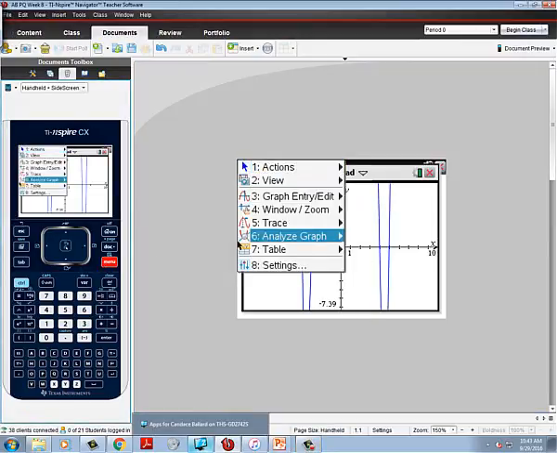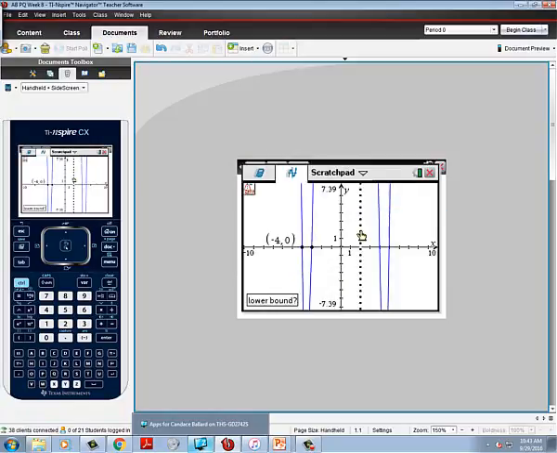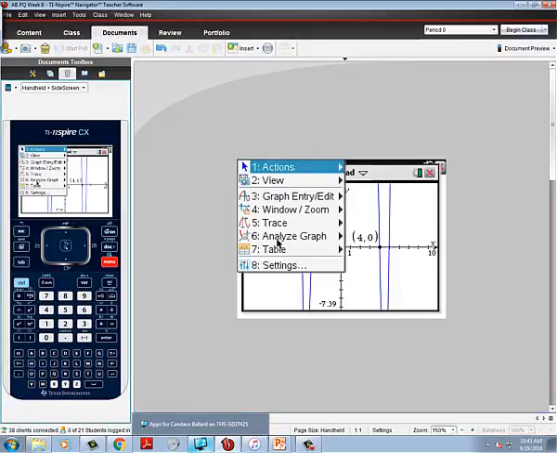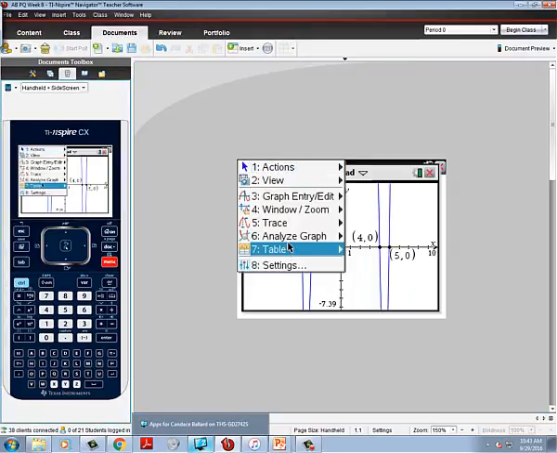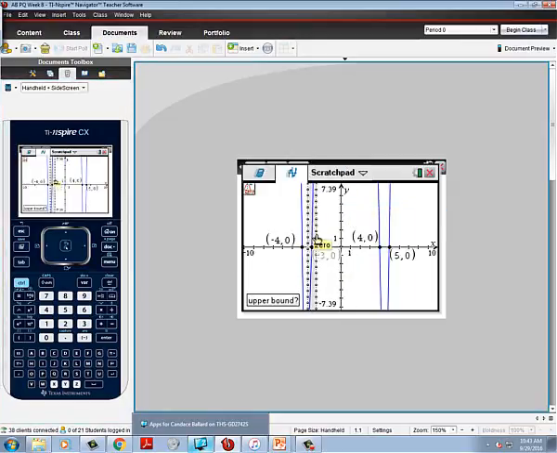And then menu, analyze graph, 0, to the left, to the right. Menu, analyze graph, 0, left, to the right. And grab that other one more time. All right, so those would be the zeros.